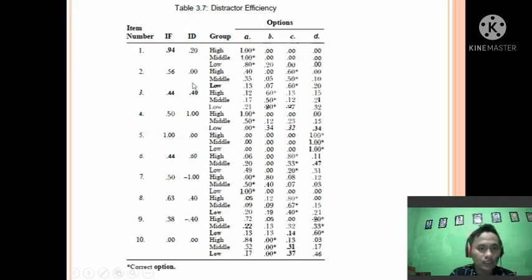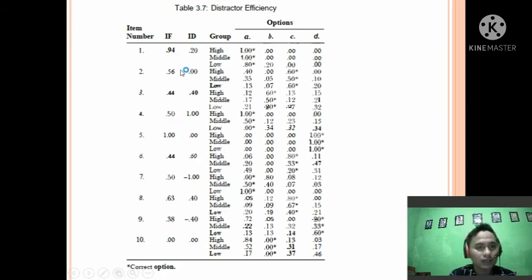For the item, the item facility and the item discrimination are the same. They are acceptable, so this gets the high. Okay, item number 4 is 50 and the item discrimination is 100%. So this is acceptable, guys. It's different for this one.